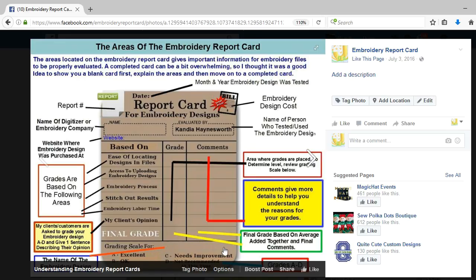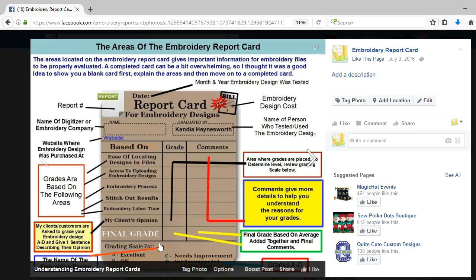And then here you're going to see the grade and scale for. This is going to have the name of the design. This is very important because if you remember, these embroidery report cards are based on each design. It's not the company itself. So although you may see, let's say, Stitchtopia here and then Stitchtopia.com here, what design are we talking about?